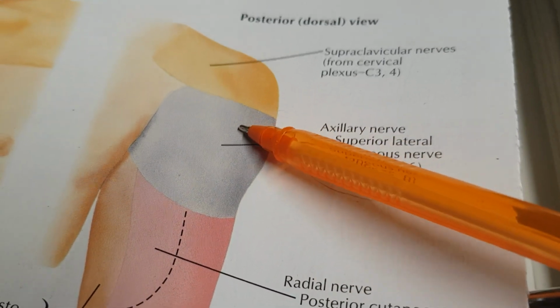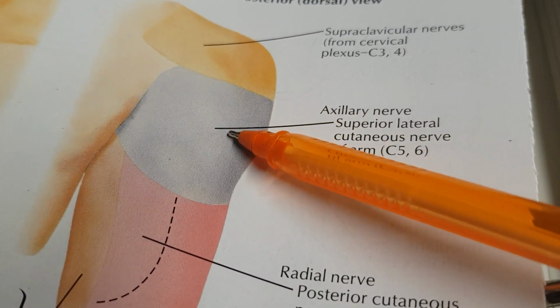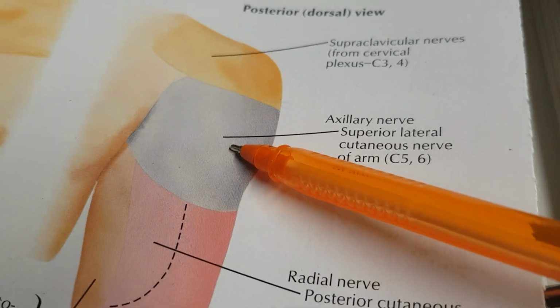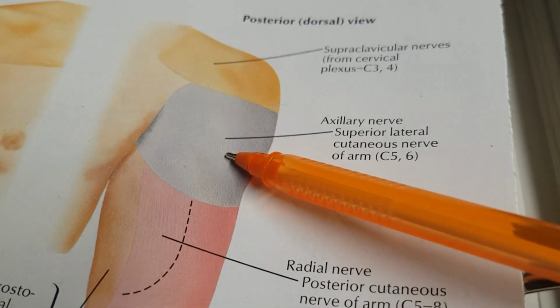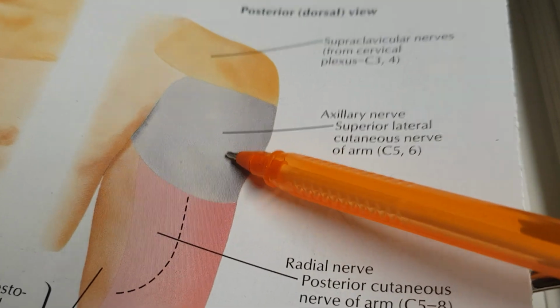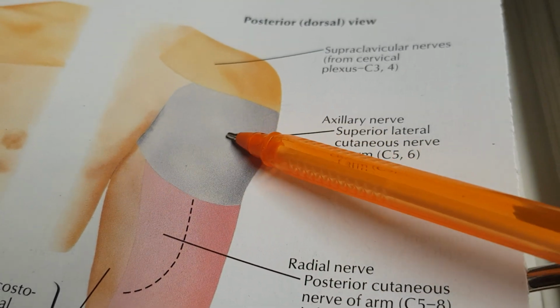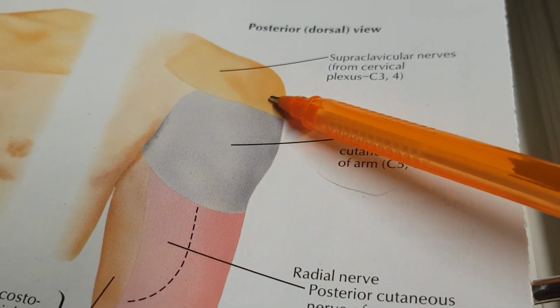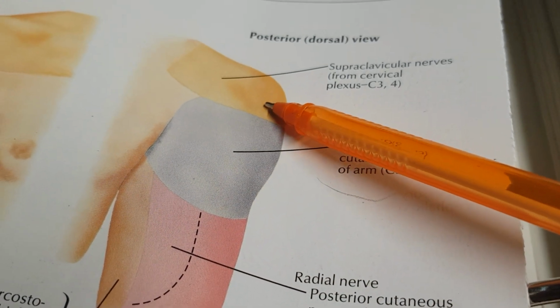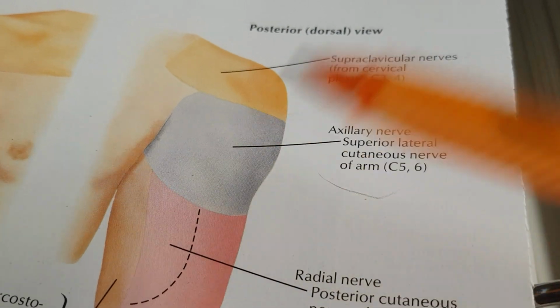So if the mechanical interface of the axillary nerve is affected, or the axillary nerve is compressed somehow, when you test sensation here and you test the strength of the deltoid, both will be affected.